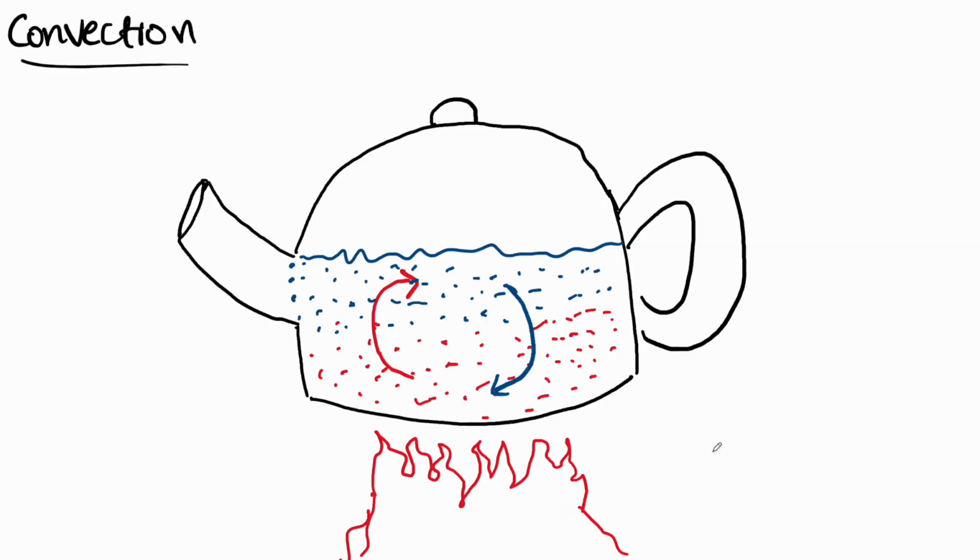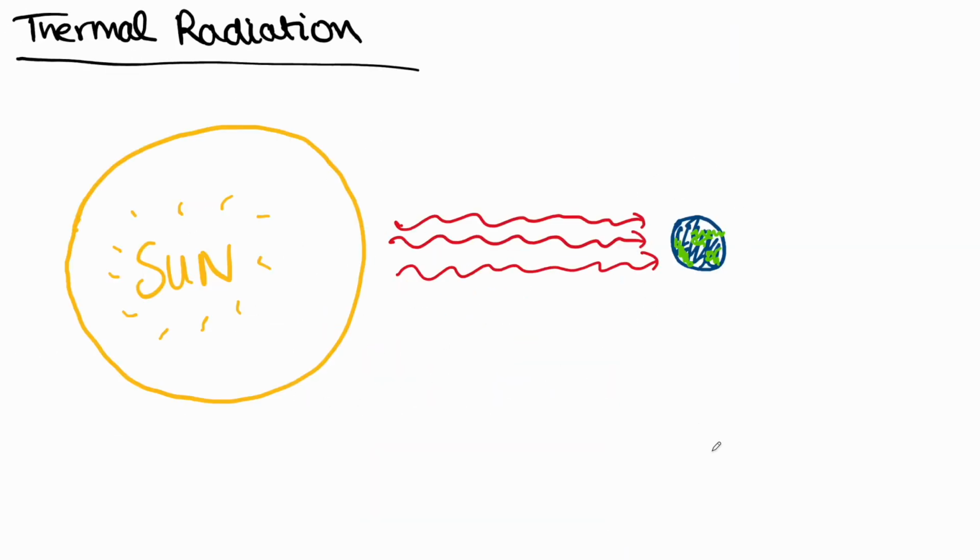Then thermal radiation is the final one we need to know about. I drew a picture of the sun and the earth here, the sun emitting all this EM radiation and reaching the earth in terms of sunlight, ultraviolet, infrared, and so on.